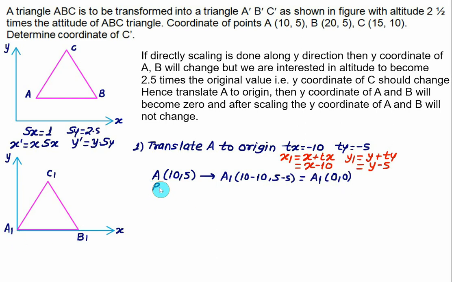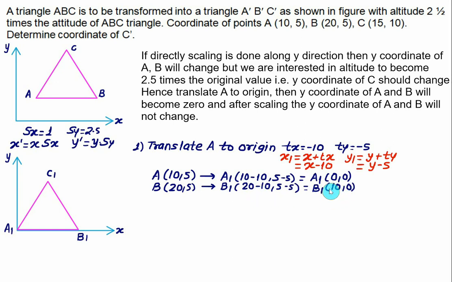Similarly, we can check for b, 20, 5. It will become b1, which is 20 minus 10 and 5 minus 5. So b1 is 10, 0.